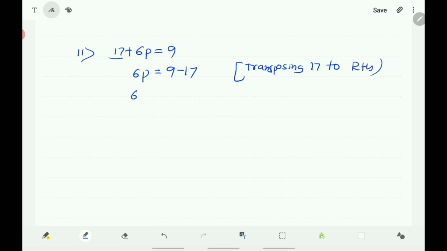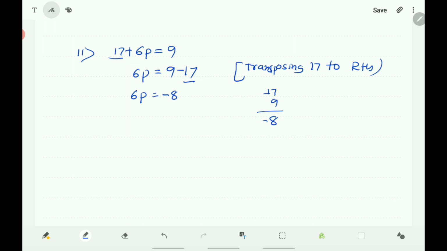So you got 6p is equals to 9 minus 17. 17 minus 9 is 8, but the sign is negative for the greater number. You put minus 8 here. So it is minus 8. 6p is equals to minus 8.